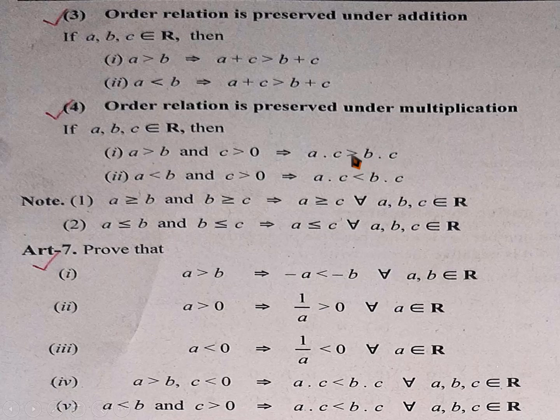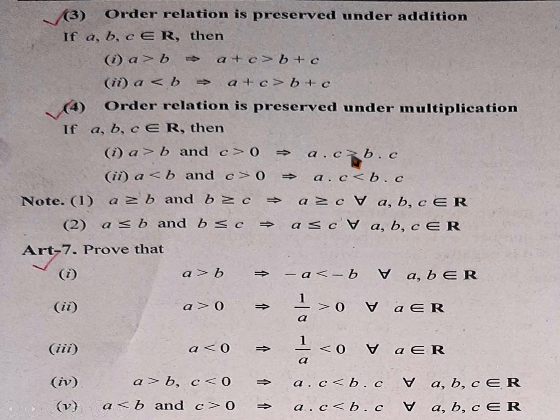So if a greater than b, multiplied with a positive real number, we get ac greater than bc. There is no change in this inequality.